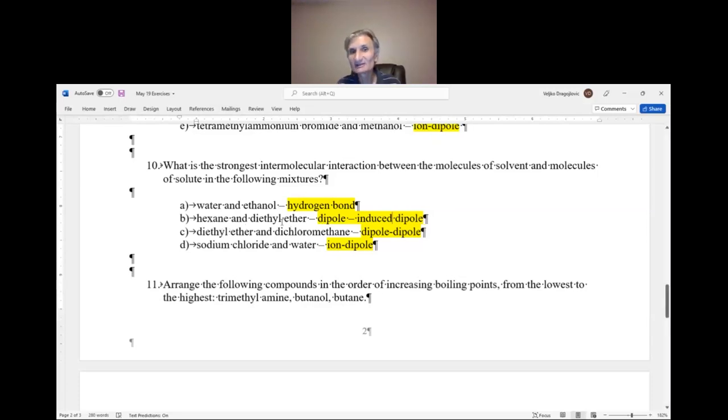Diethyl ether and dichloromethane, since both are polar, and between polar molecules interactions are dipole-dipole, it is going to be dipole-dipole. And here we have just covered sodium chloride and water, ion-dipole, between ions of sodium chloride and water dipole. I can put here, just to be different, tetrahydrofuran. It's also dipole, and let me show you, I will just post it in a minute, what is tetrahydrofuran. It's a common organic solvent.